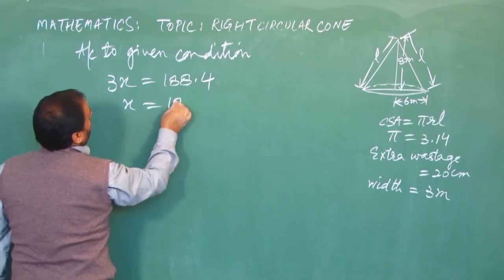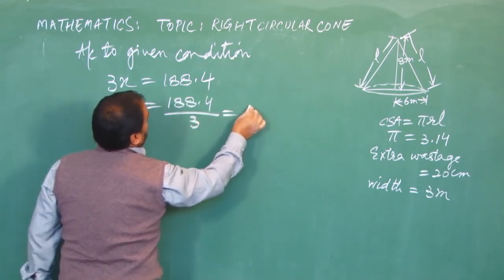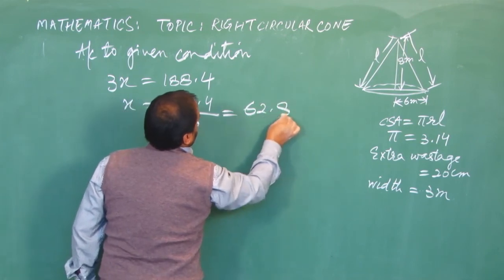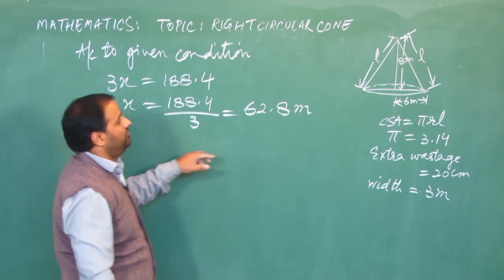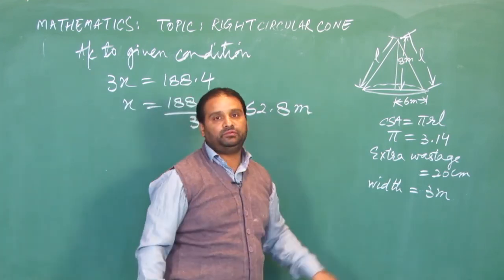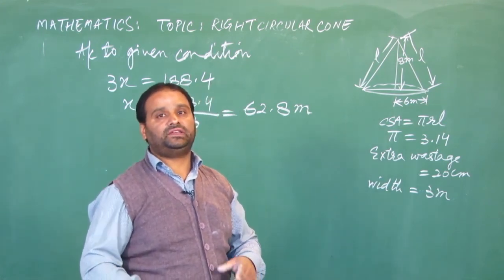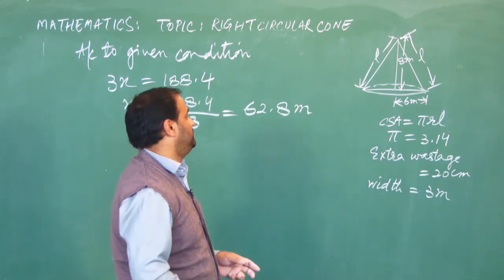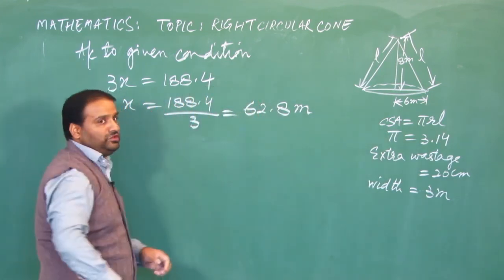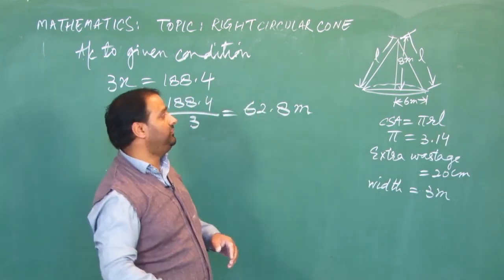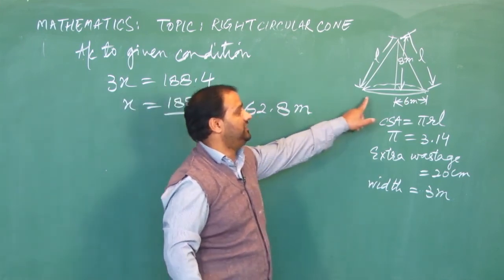So, dividing it by 3, you get 62.8 meters. So, the length of tarpaulin used for making that tent is 62.8 meters, but we are given that 20 centimeter is kept extra for the cutting wastage. So, these 20 centimeters are taken into account and added with this length that actually is used in making that tent.